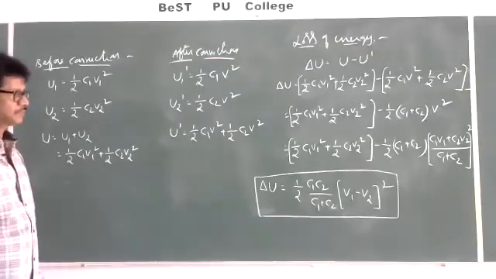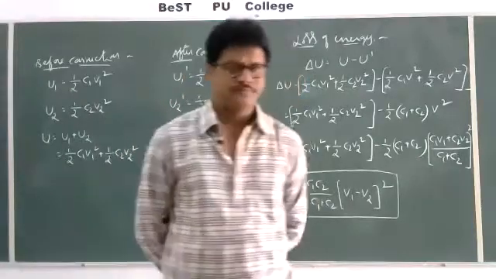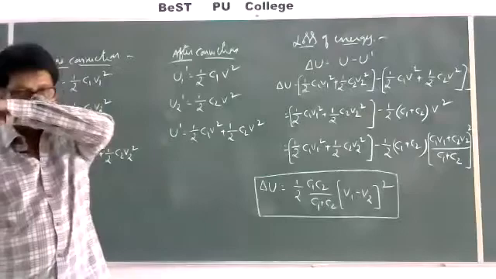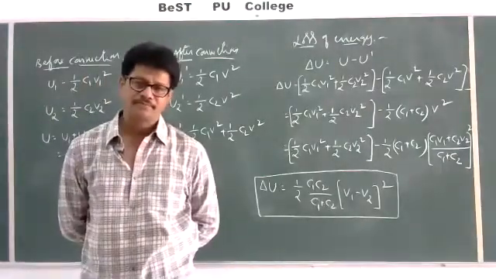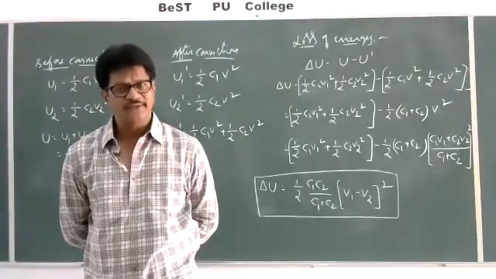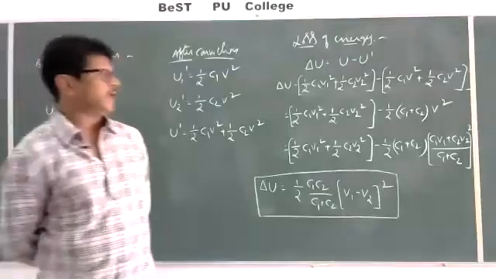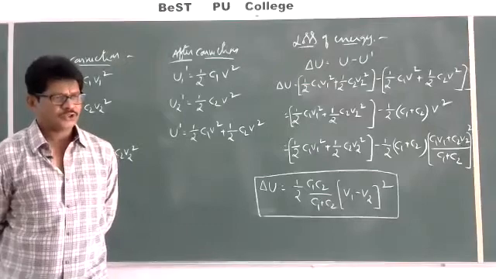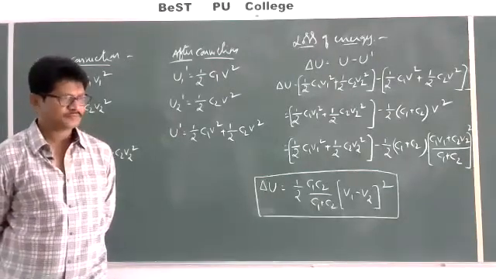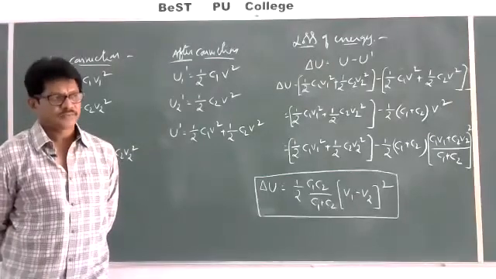Note: two charged capacitors are connected in parallel in such a way that the positive of one plate is connected to the negative of the other.